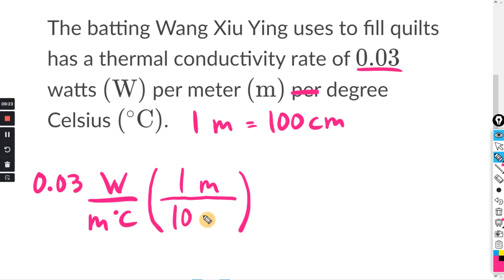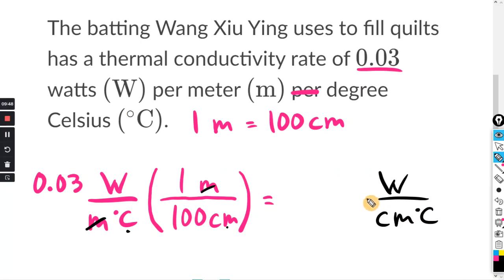So we just multiply by 1 over the other. All right, if we do the units first, meters divided by meters cancel. And just looking at the units, we have watts in the numerator, and we have centimeters and degrees Celsius in the denominator. Okay, and that's what we wanted.